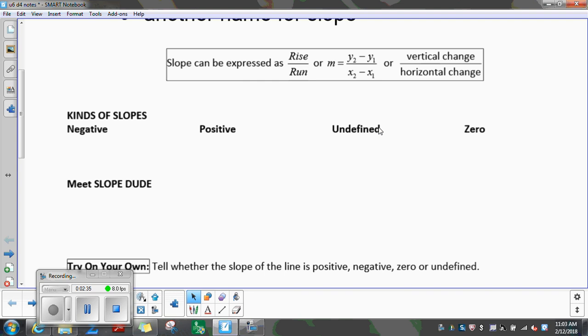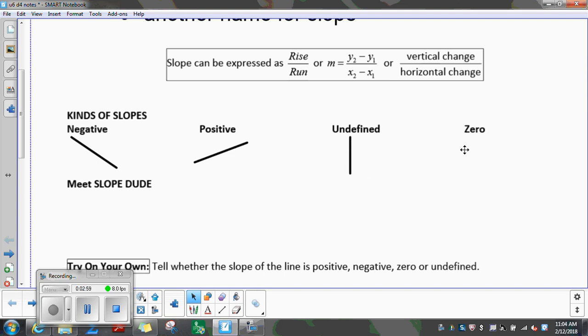There are different kinds based on the way the line is drawn. A negative slope is when the line is drawn down from left to right. So when you look at it, it looks like you're going down a roller coaster. Positive is when it's drawn up, going from left to right, so it looks like you're going up a roller coaster. Undefined is a vertical line going up and down.